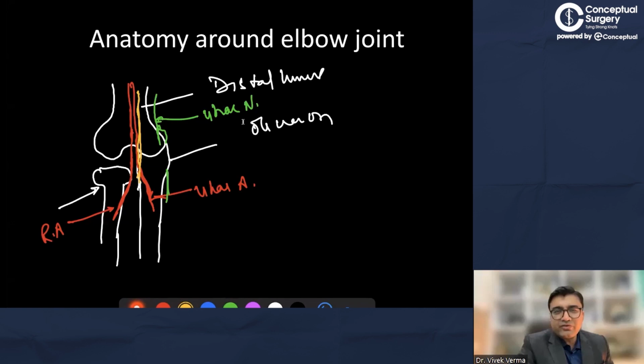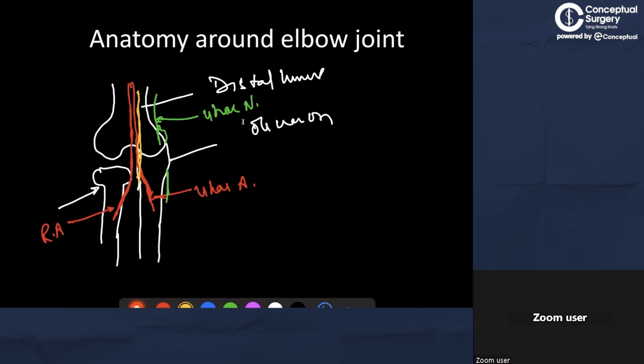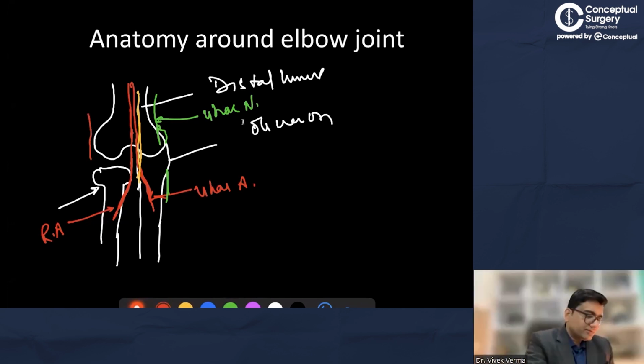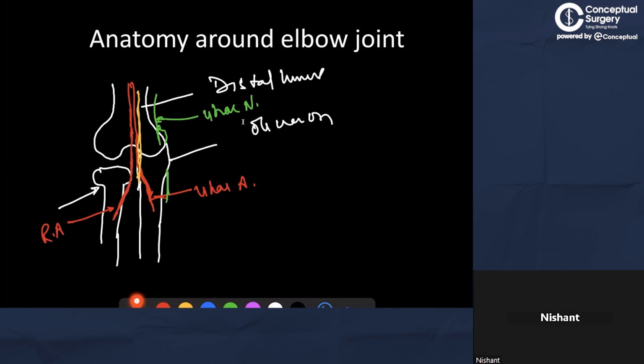Can somebody tell me where the radial nerve is usually situated? Lateral-most to the cubital fossa. Lateral-most means, sorry, you mean here, or here? Where is it exactly, from the distal humerus? Ajal, I will ask it differently: how many times have you seen it in trauma?